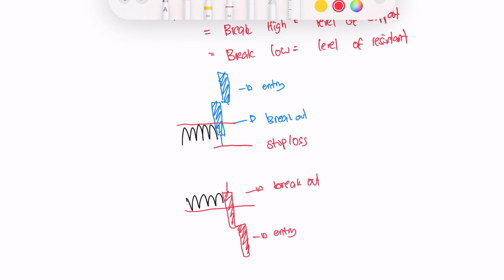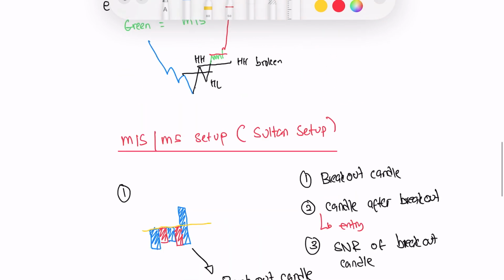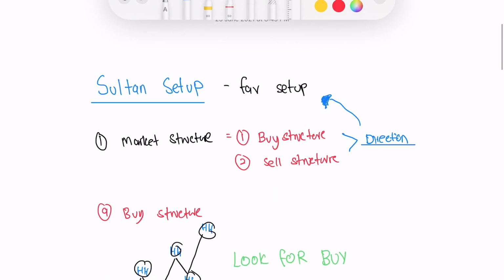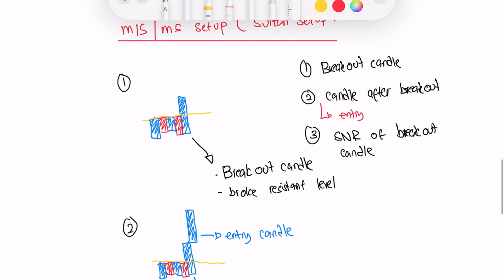The highest point of the breakout candle will be our stop loss. Right. So okay, I think this should be it. We'll get into detail in TradingView itself.